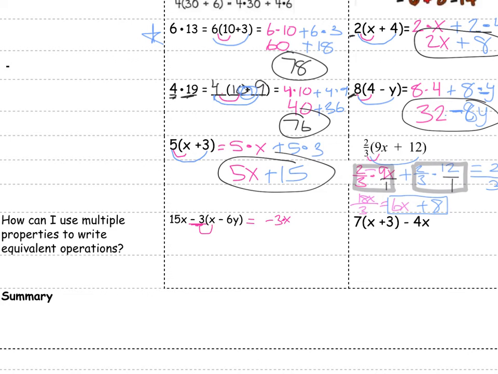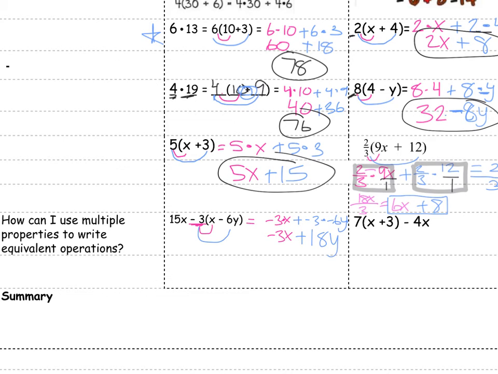Because that's what happens when we distribute that. And then negative 3 times negative 6y, because that y stays there. So let's compute these. So negative 3 times x is negative 3x. Negative 3 times negative 6 is a positive 18y.